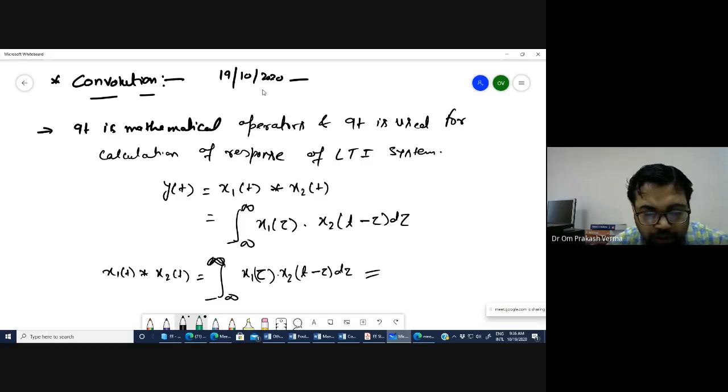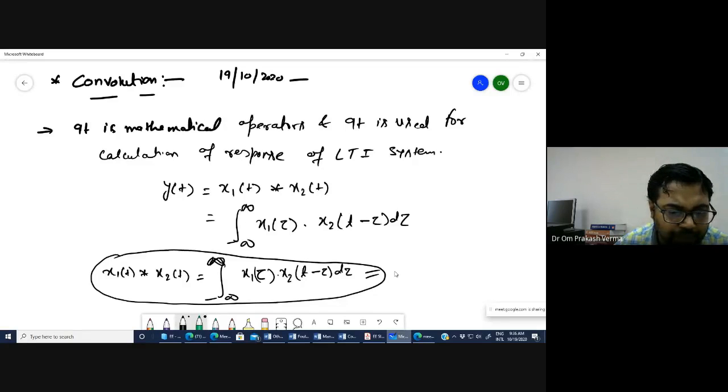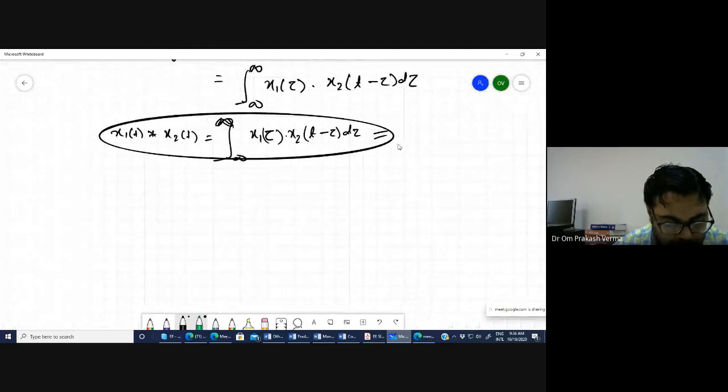Right? So before going to the details of this mathematical term, we will start with some previous points. What is the significance of convolution, if you want to know?